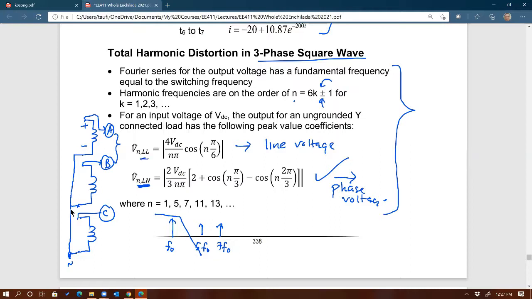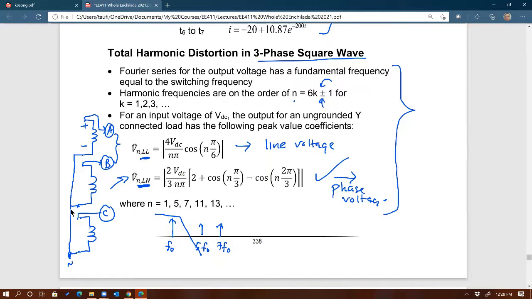That's why I use the subscript LL. So if you are asked to determine the 5th harmonic of the line to neutral voltage of the output voltage waveform of this inverter, then you can just apply this equation and plug in n equals 5, and so on and so forth. Are there any questions on this?